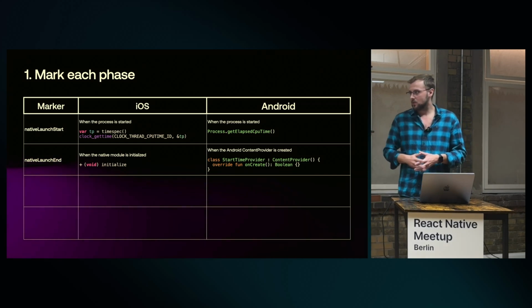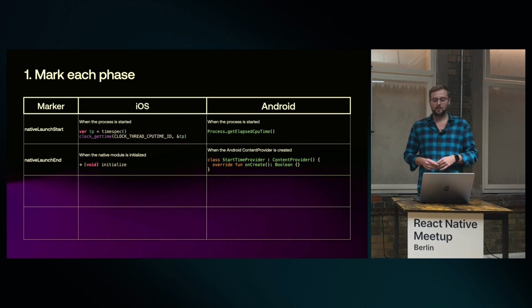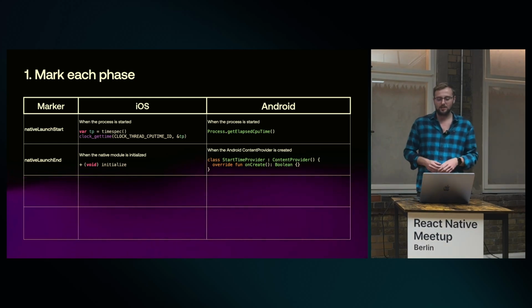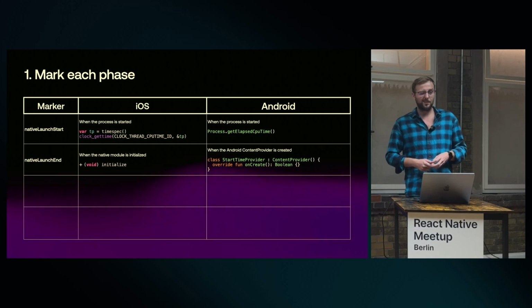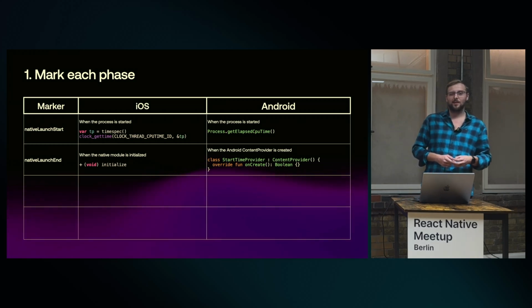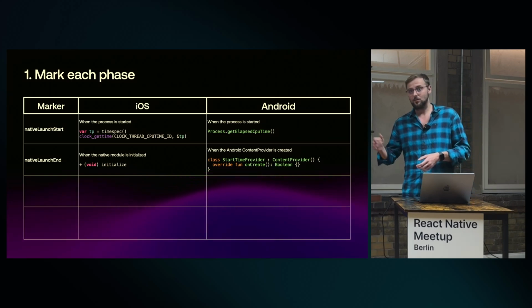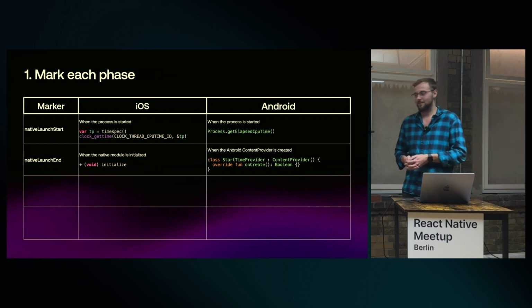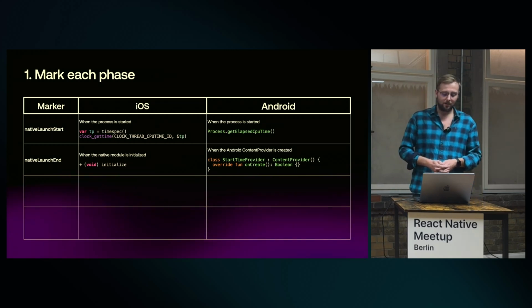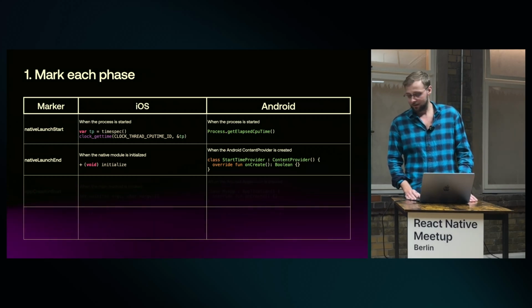Then we have the process creation end, and on iOS, this is the moment when Objective-C's initialize and load functions are called, and I did not find an equivalent in Swift. That's why you might implement it in a bridged file. But if you find something, let me know. And on Android, it's the creation of the content provider.